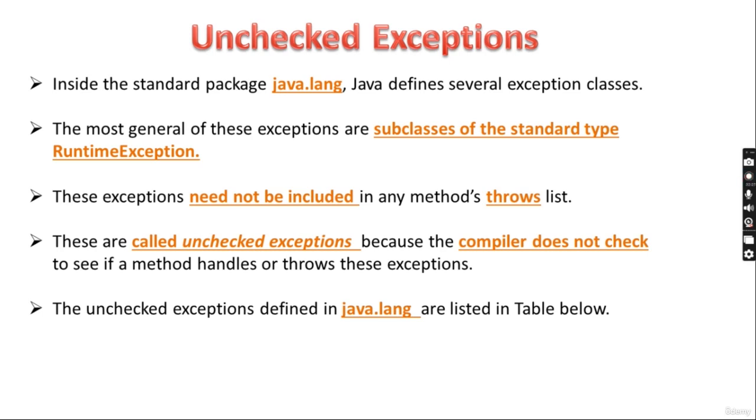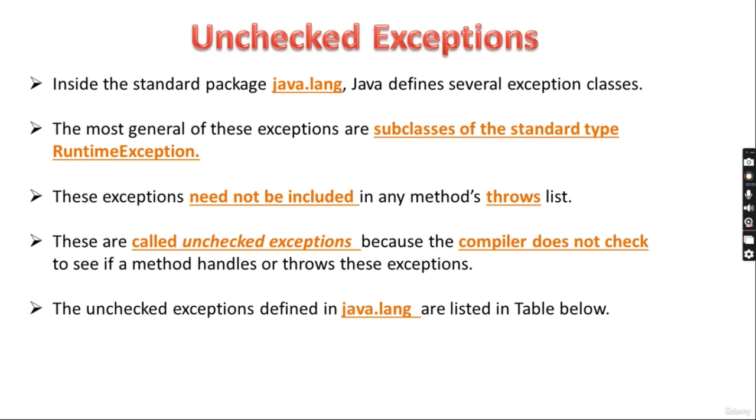These are called unchecked exceptions because the compiler does not check to see if a method handles or throws these exceptions. It is the compiler's responsibility to check, but for unchecked exceptions from the RuntimeException class, it will not check whether the method is handling or throwing the exception.